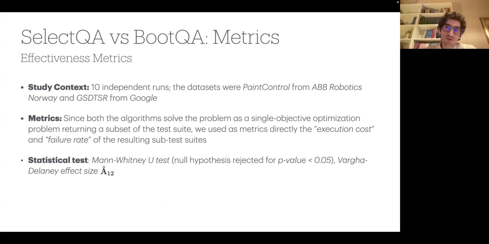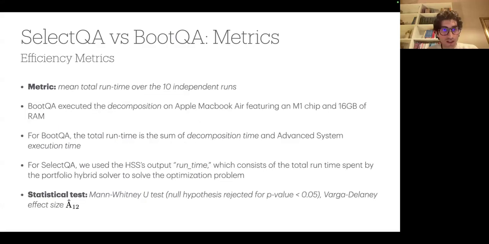Since both approaches in this case solve a single-objective optimization problem, at the end of each execution they return an actual single test suite. We directly compared the returned test suites in terms of the objectives, the selection criteria of the problem, that were the execution cost and the failure rate. We statistically analyzed the values of these 2 objectives using always the same statistical tests.